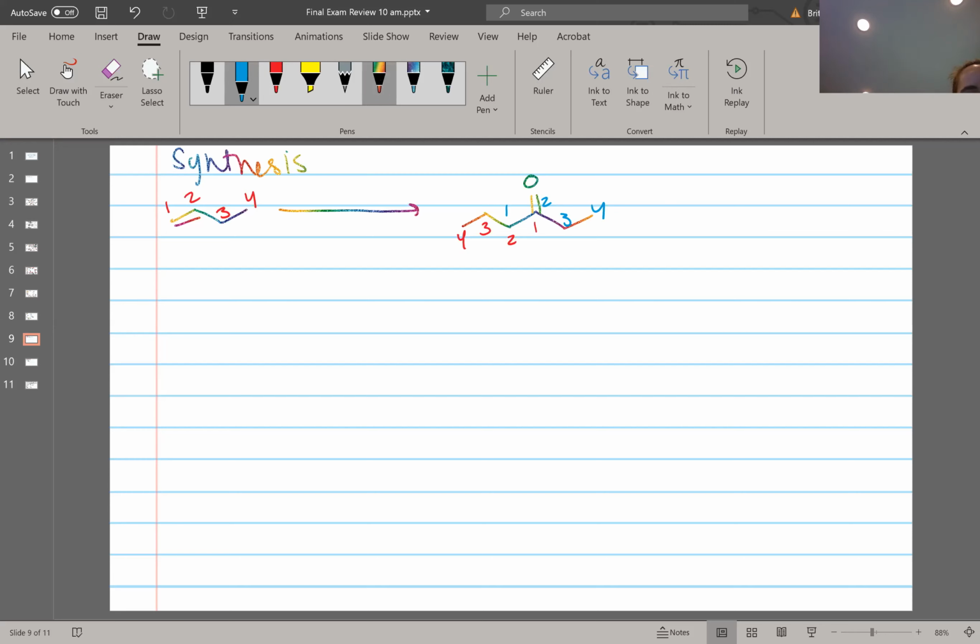So a couple different routes, but I'll take just one. Somehow we're going to have to add on 2 more carbons. What's a good way to do that?